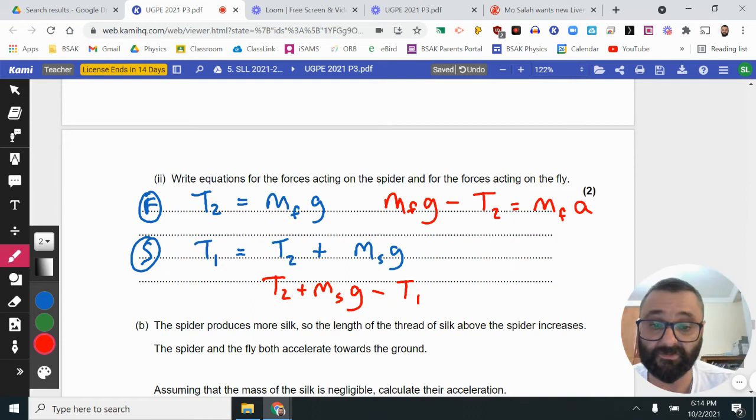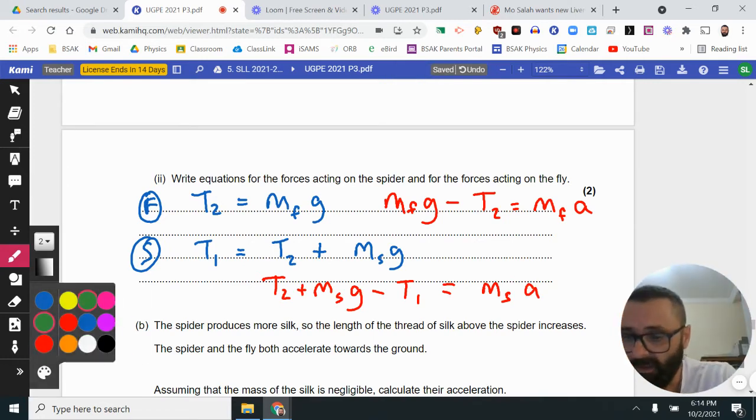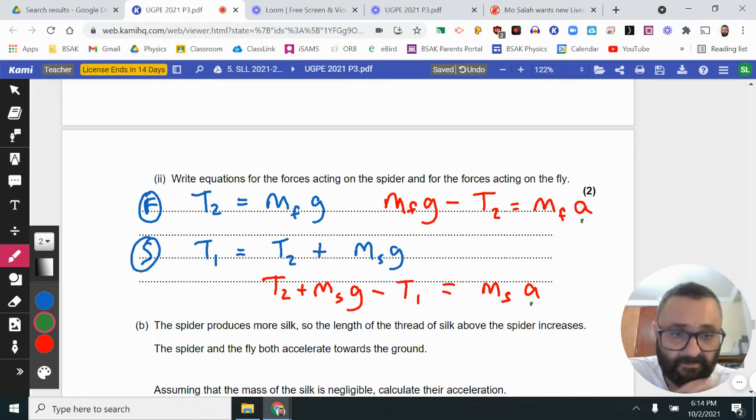That's the resultant force on the spider, equals mass of the spider times acceleration. So we have the same acceleration. The spider and the fly are both accelerating downwards at the same rate. We have MS, MF, and the two tensions.